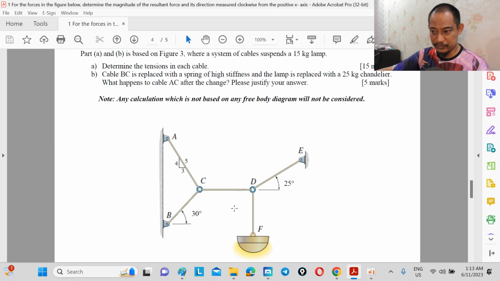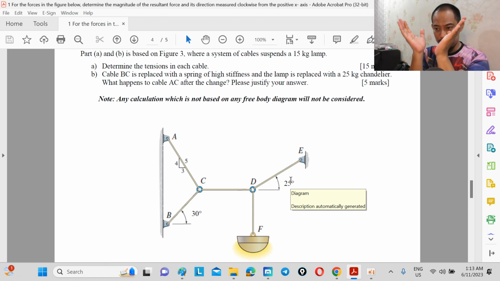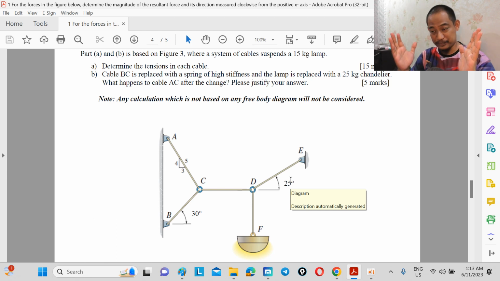But at the same time, if you increase the weight, it wants to drag down here, right? So cable DE tends to be dragged down and wants to be more acute as well. So you have two increments here.